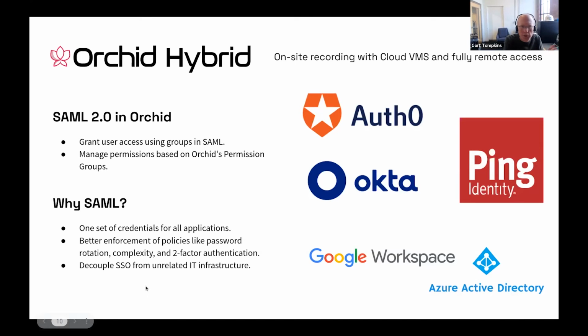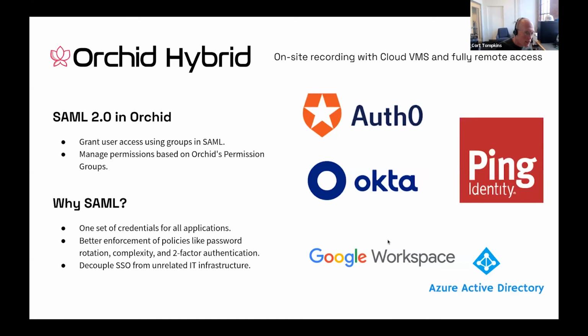Traditionally you might have used something like Active Directory or Google Workspace for single sign-on, but those are tied to other applications within your enterprise. And increasingly, organizations are interested in using a completely independent identity provider like Auth0 or Ping. I will note that a couple of these identity providers are supported or have been supported in Orchid and still are through direct integration.